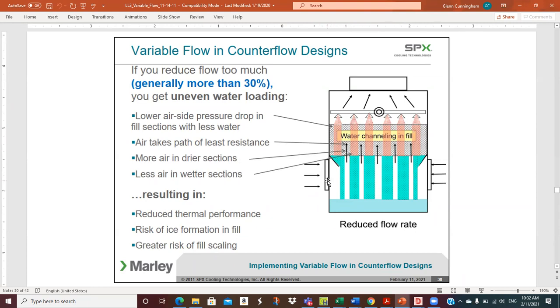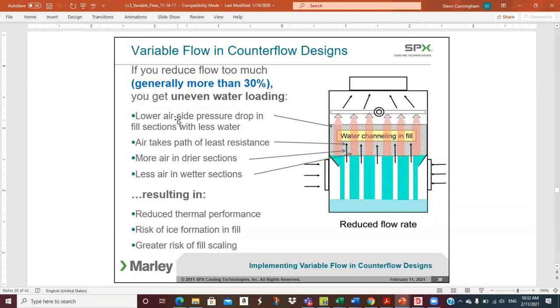And so you have these channels in the fill that don't have any water in them, and so they don't have any pressure drop. So your air is going to preferentially channel up through these dry areas, and it's not going to penetrate the water, so you're not going to have good contact and evaporation.